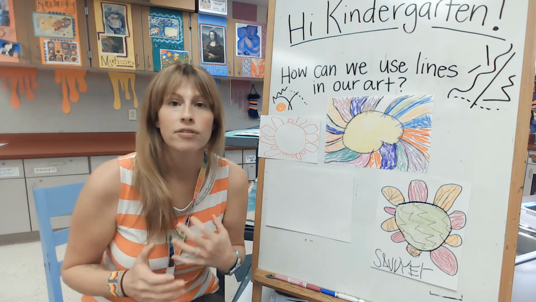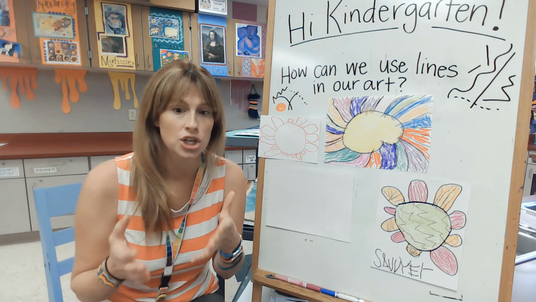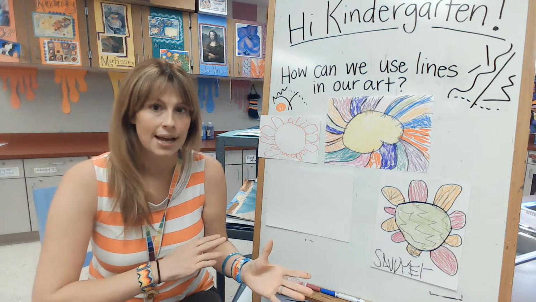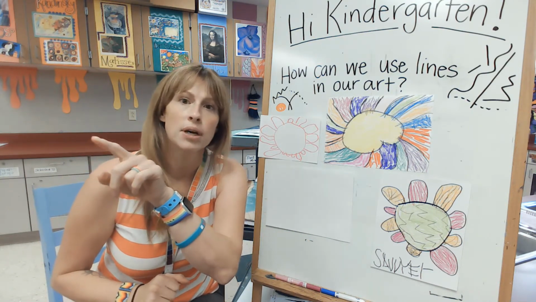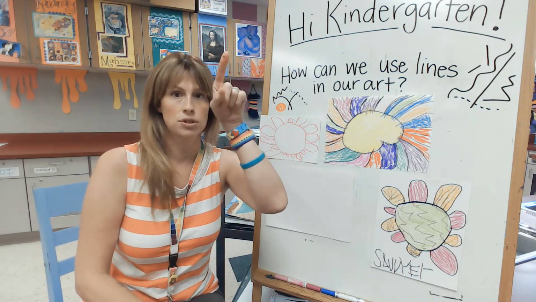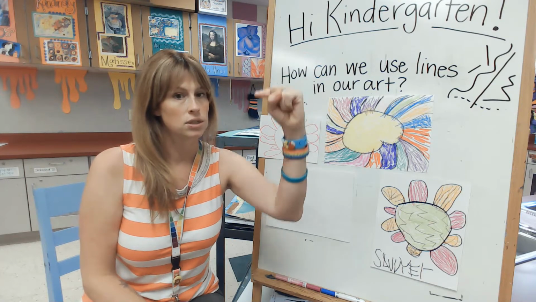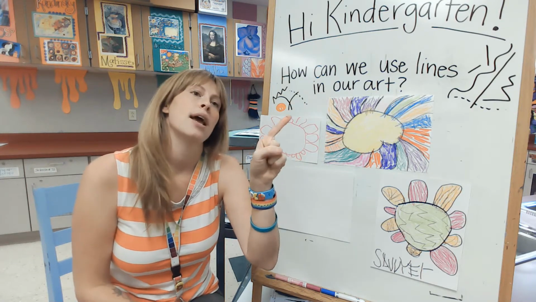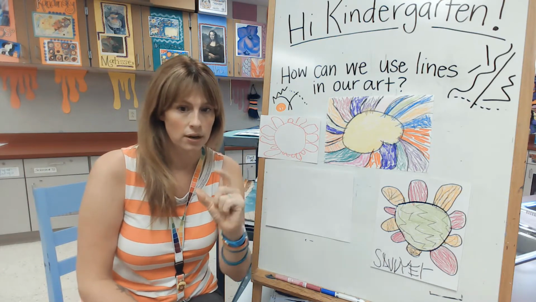Every single week you are going to get a video lesson from me, just like this one and just like the one you got last week. When you click on the art class underneath your name, you're going to click on your name in Seesaw, and then you'll see a little drop down, and it'll say art with Mrs. Ash or library, and it'll continue all the way down to all your specials.